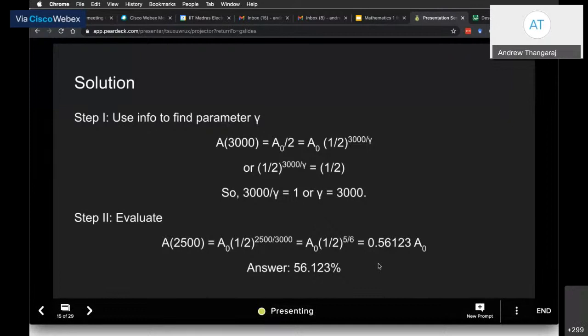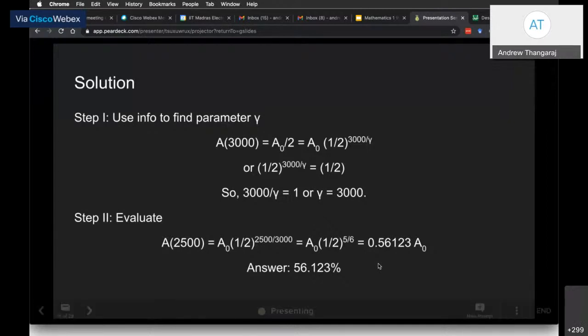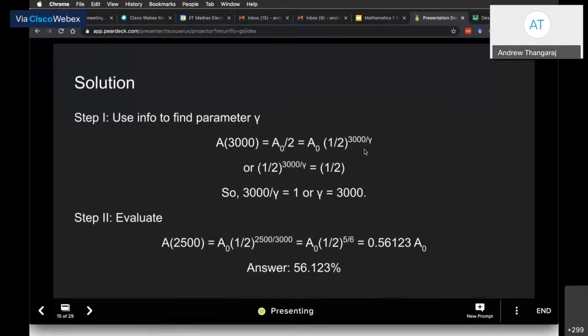I want to comment on a couple of things. The first thing to understand is that this is an exponential function, and notice what's happening. It's interesting to see how it behaves at 3000. At time 3000, it is at 50%. At time 2500, it's at 56%, and so on.